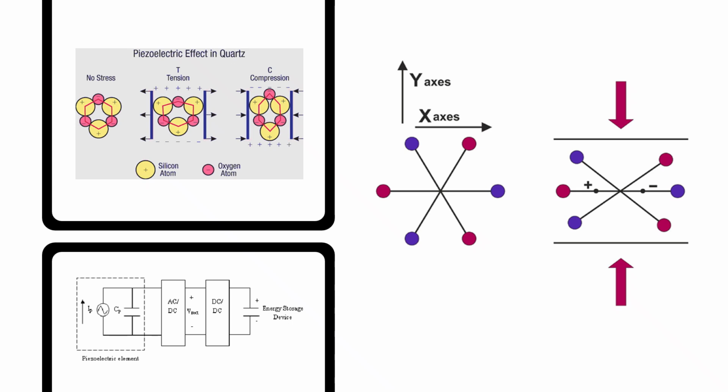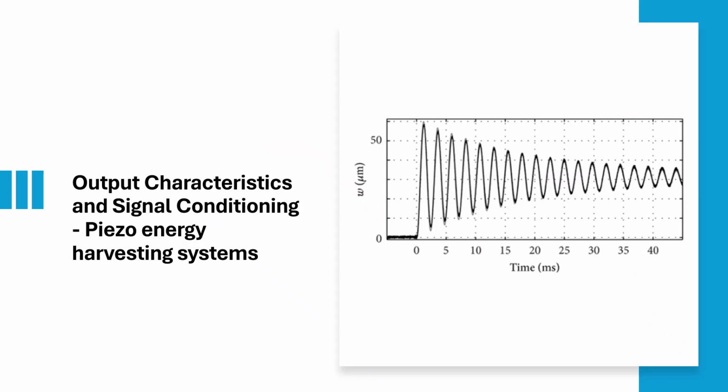To generate electricity continuously, a constant oscillating source of mechanical energy is needed. This could be from vibrations, running engines, or other mechanical equipment. However, as the mechanical vibrations move away from the resonant frequency of the piezoelectric element, dielectric power losses increase.